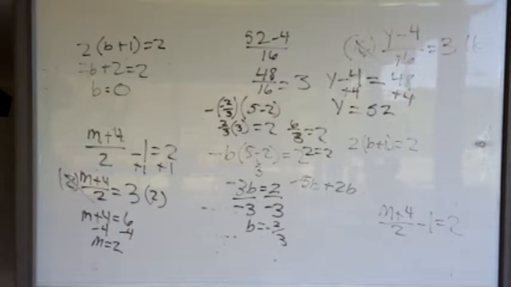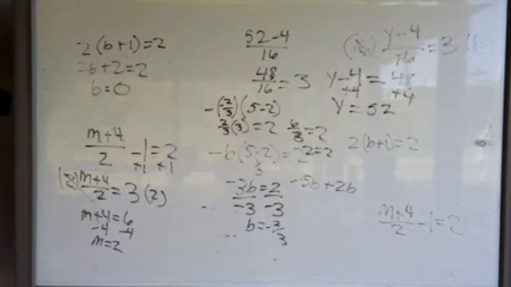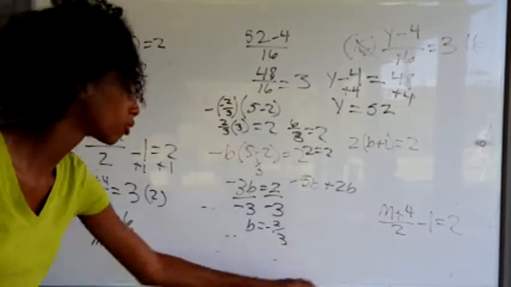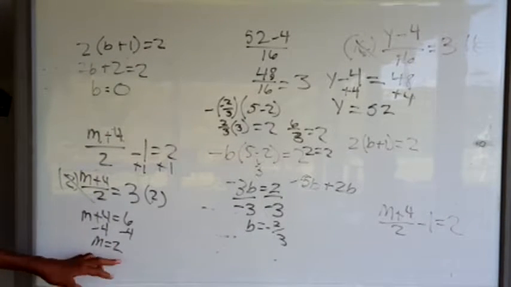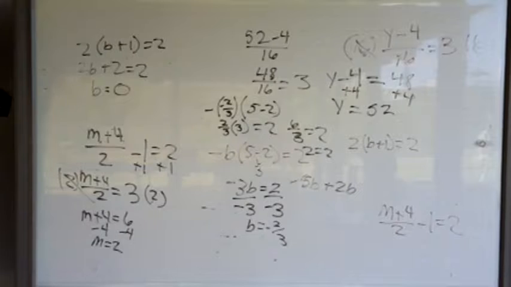That doesn't even make sense. What problem did you plug it into? It doesn't equal 3. You have on the board equal. You did a whole different thing. Oh, we're doing m plus 4 over 2 minus 1 equals 2. That's the same thing I copied from right here. And m equals 2. So plug that in and let us know if it's the right answer. I don't know what you're doing.